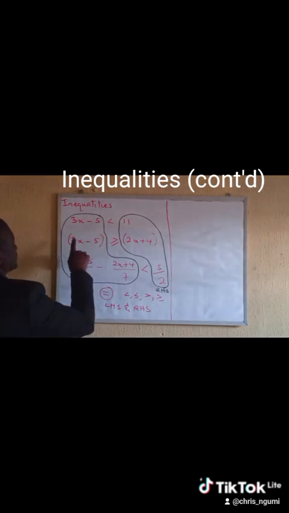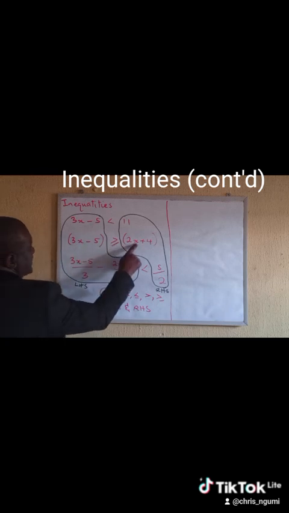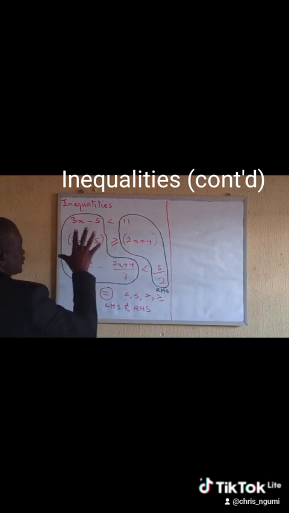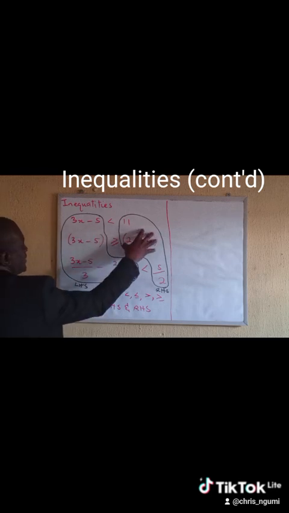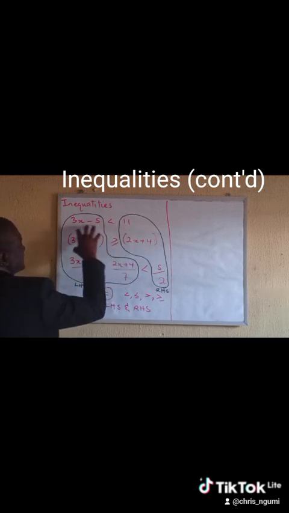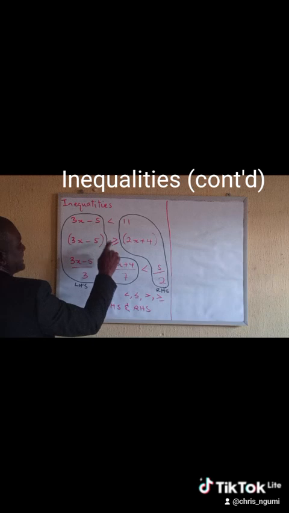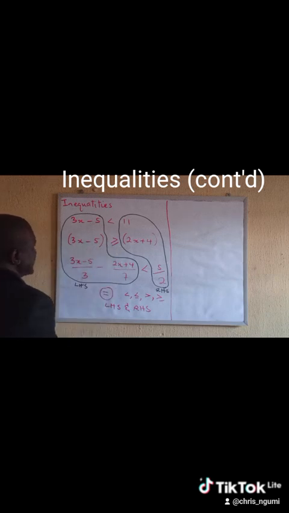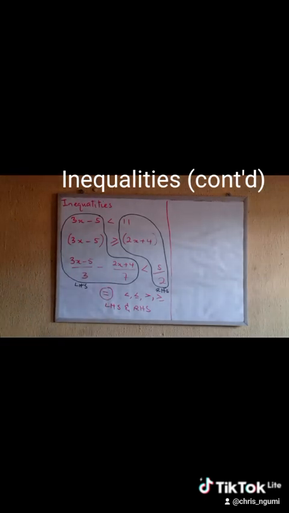The same thing too, this x that you see on the left and also on the right, where it is solved and found, substitute it here and here, and you will observe that the left hand side will be greater than the right hand side for this inequality to be true. Now the same thing applies in the last one.